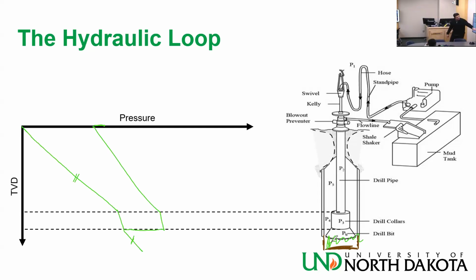Drill pipe ends here. Drill string ends here. But the annulus extends all the way down further. Right? Okay. That operation is very important. Lifting it up and circulating with the gap to the bottom is called breaking the gel.